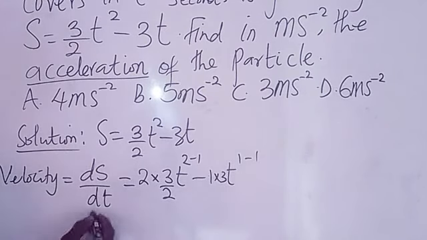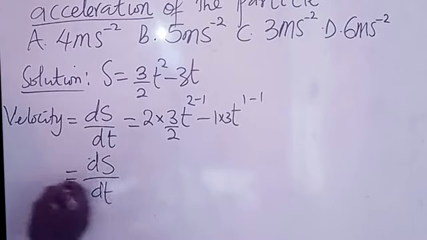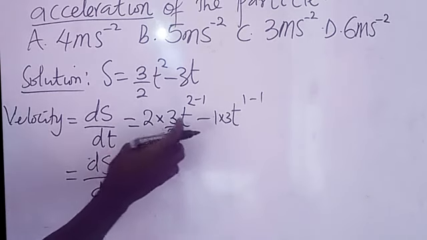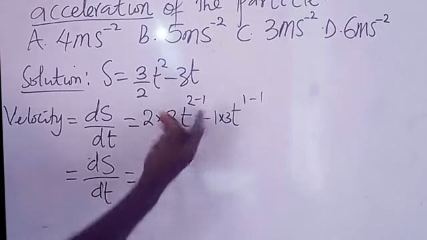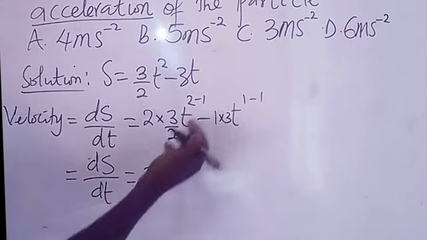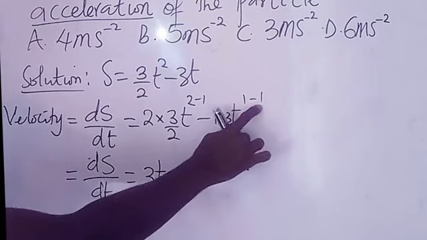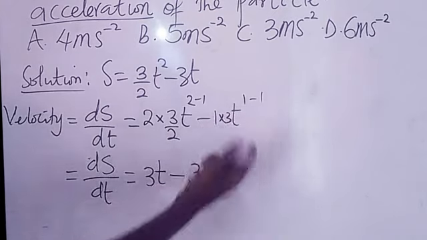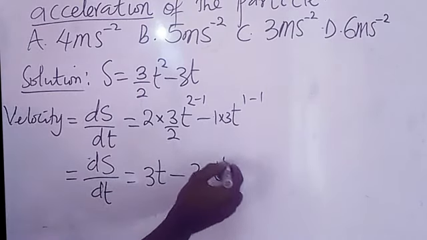So we have ds dt, which is the velocity. We cancel the 2, we have 3t, because 2 minus 1 is 1, then t to the power of 1 is t, minus 3. Because here 1 minus 1 gives us 0, and t raised to power 0 is 1.